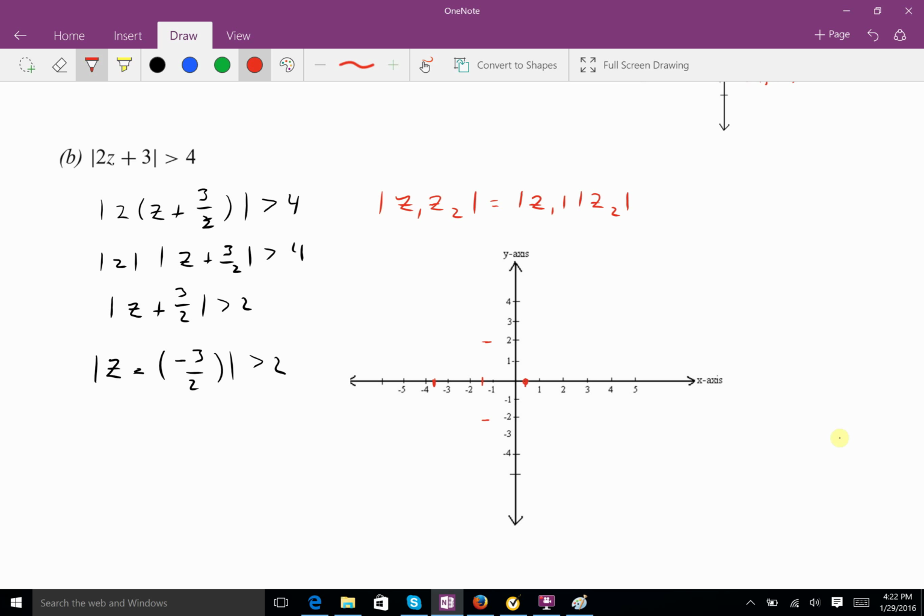Okay. But notice that the circle's not included. It's just the outside. So the way I'm going to draw this is I'm going to draw a dotted line, and that's going to indicate that the points on the circle are not included, okay? So this does not include the points on the circle. That's what that dotted line means.